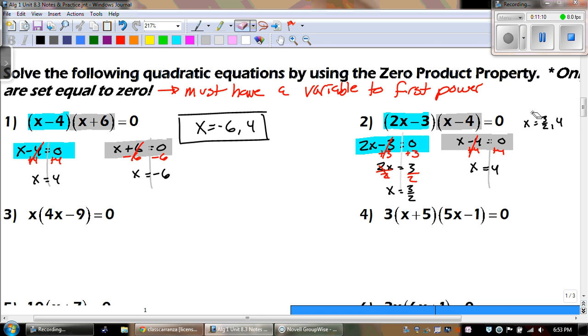Sorry, that's a little hard to read, my 3 over 2. And there you go. You should start seeing a pattern with some of these, where the ones in the gray for number 2 and the blue and the gray in the first one are pretty easy to solve. But the 2x minus 3 right here takes a little bit more work.